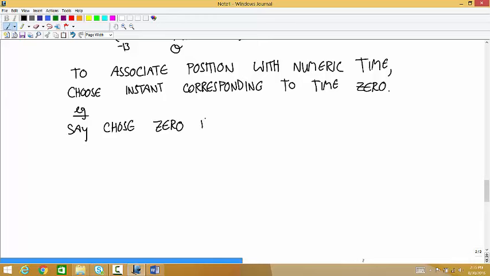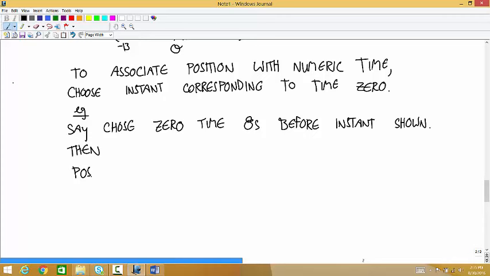So say we chose 0 time 8 seconds before the instant shown. Then we can say the position at time equals 8 seconds is negative 13 meters.